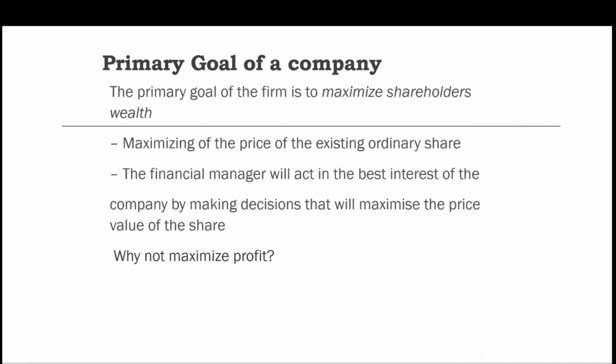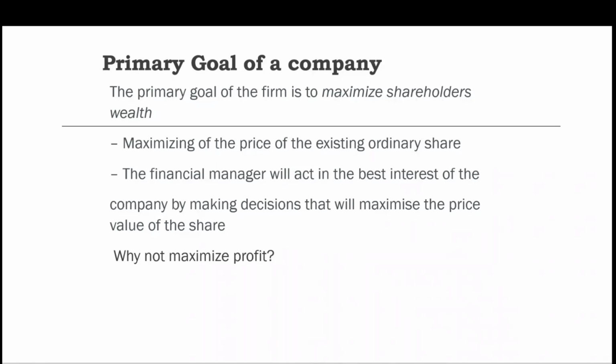So the question they're asking here is, the primary goal of a firm is to maximize the shareholders' wealth, but why is it not that the primary goal of the firm is to maximize profit?